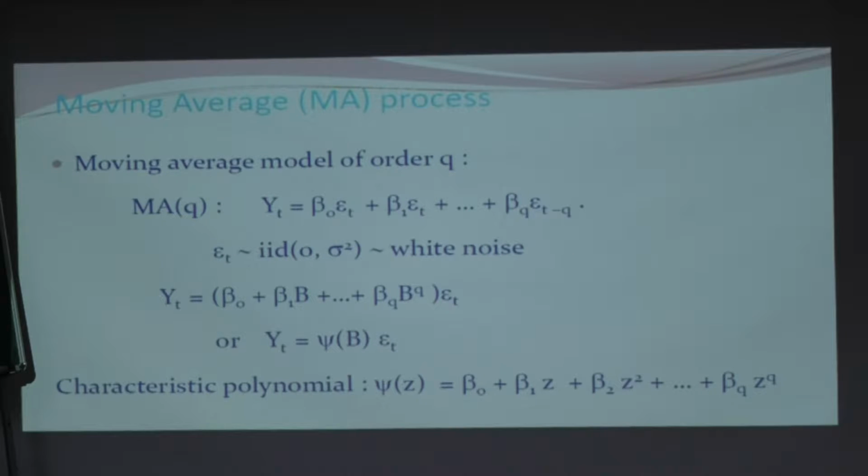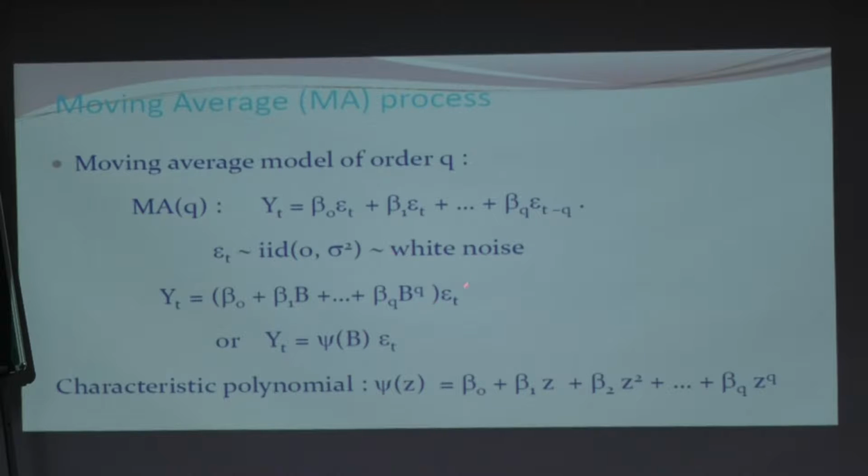The other process that we look at is a combination of the white noise. This is referred to as a moving average process. And since we are taking epsilon t, sorry, this should be epsilon t minus 1, epsilon t minus 1 to epsilon t minus q, this is referred to as a moving average of order q.